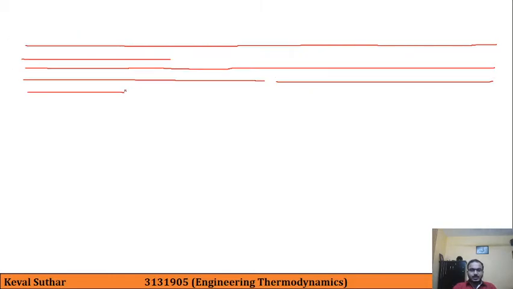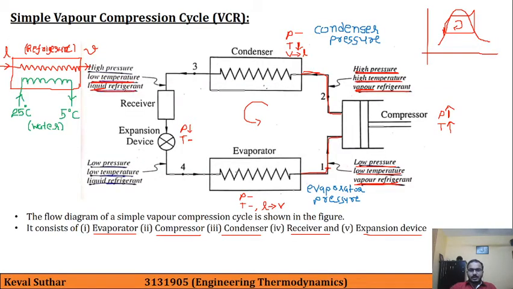So here in this figure, the temperature of refrigerant here must be greater than the temperature of cooling medium in the condenser, because that is the necessary condition for transfer of heat in the condenser. So the refrigerant temperature at the end of compression should be sufficiently high so that it can reject the heat in the condenser.